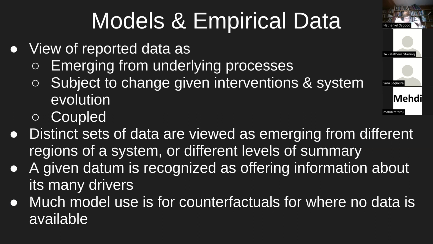But they clue us in and they whisper to us consistently about this underlying system. And a given data is recognized as offering information about the drivers that give rise to it in the system. And in fact, collectively, and as we'll see in the system science discussion in this very bootcamp, we have methods from any one data, from picking out information about what's going on across many areas of the system that give rise to it.